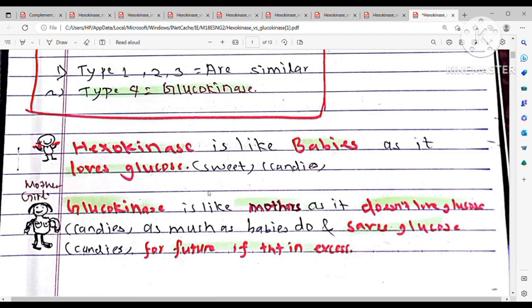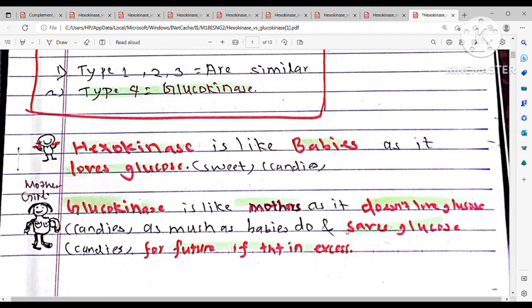Hexokinase is like babies, as it loves glucose. As babies love glucose, similar to hexokinase. So hexokinase can be compared with babies. But glucokinase can be compared with a mother, because mothers do not like glucose, that is sweet, as much as babies do.